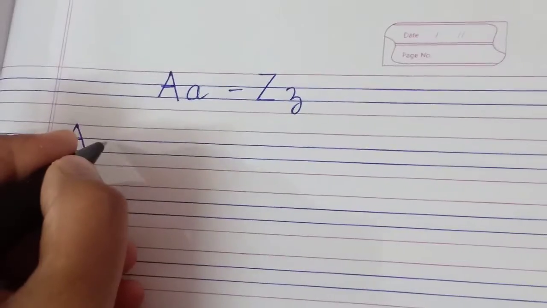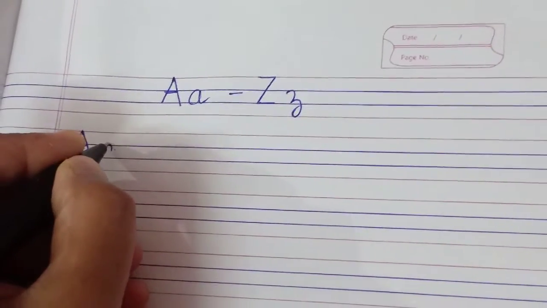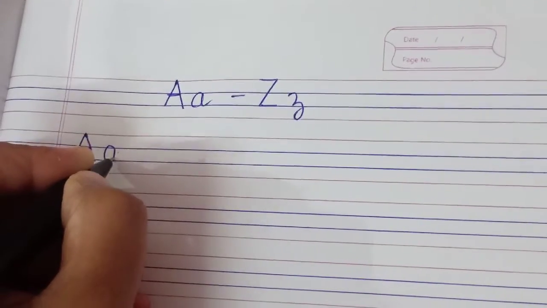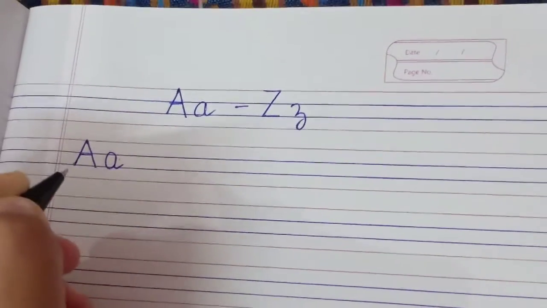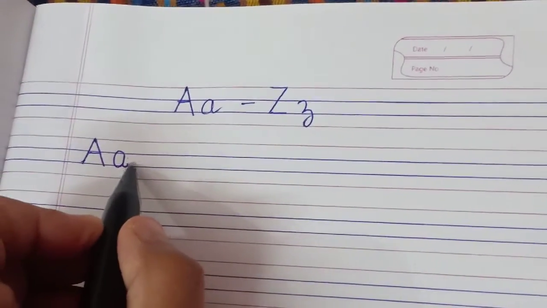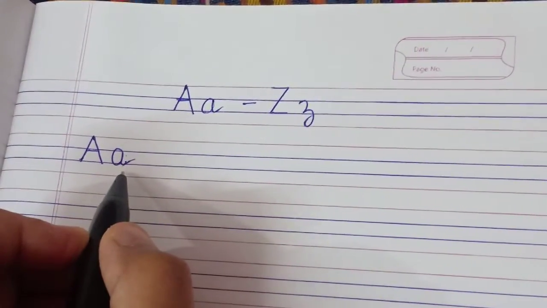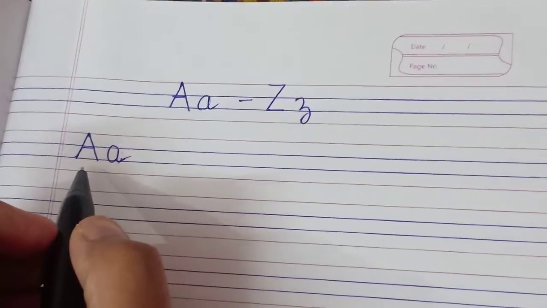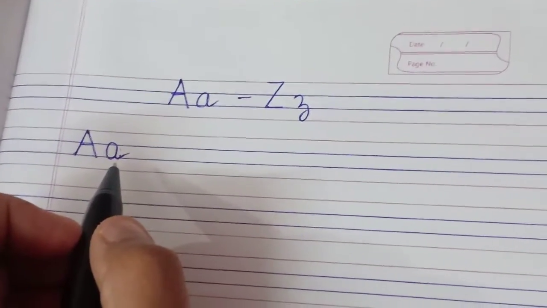Then small a will be written as curve, up, down, cut. Okay, a tail. This tail is like this. Okay, so this is A in capital letter and A in small letter.